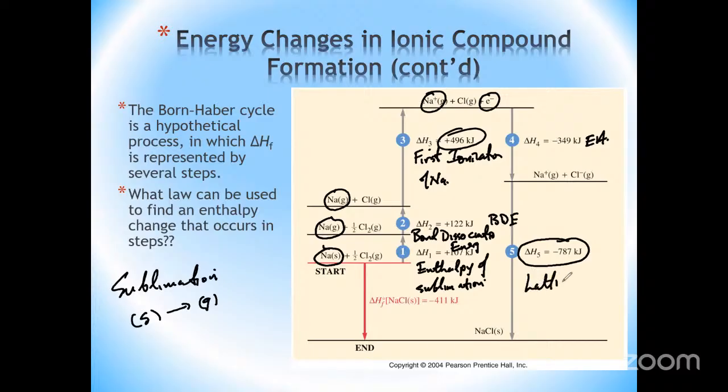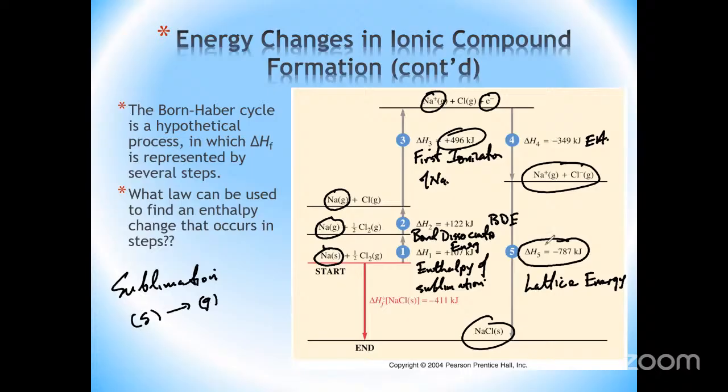Now here's where the confusion comes in. In some textbooks, they define the lattice energy as the energy where the ions come together to form the solid, right? In other textbooks, they define it the other way around, where the solid becomes the ions. If I'm not mistaken, your textbook describes it that way.